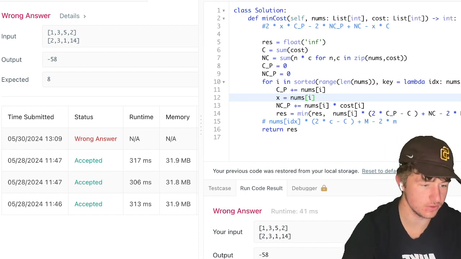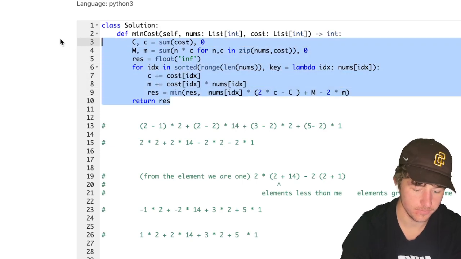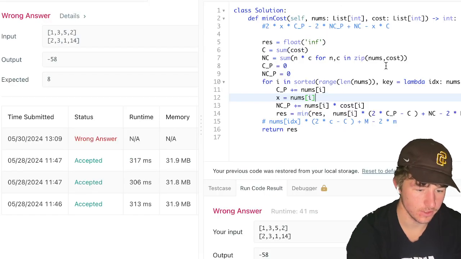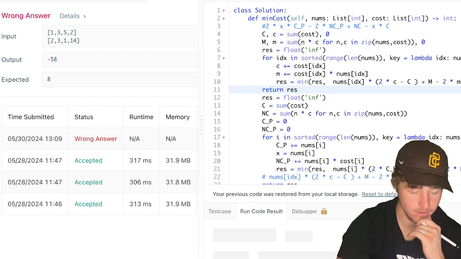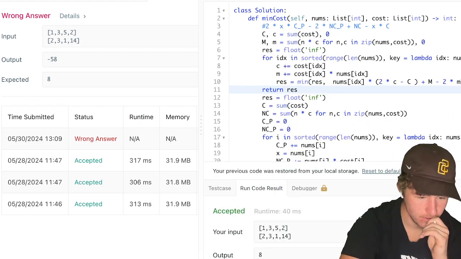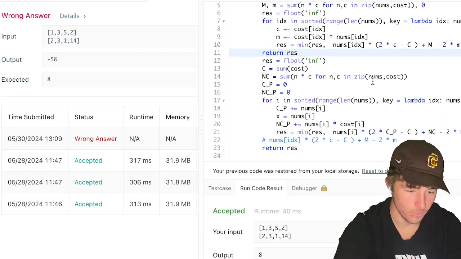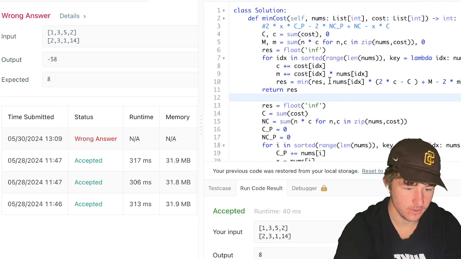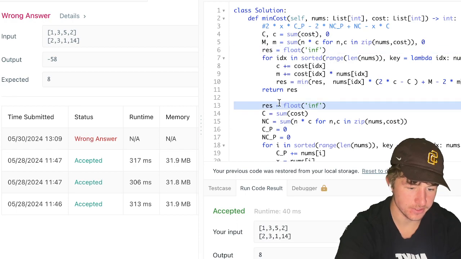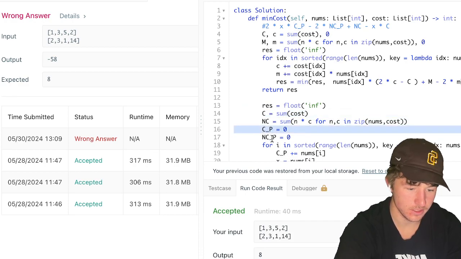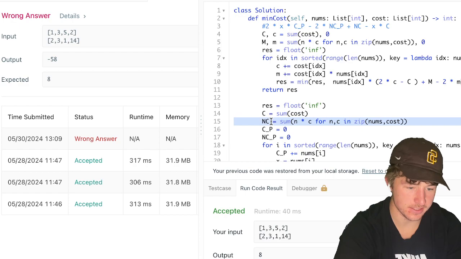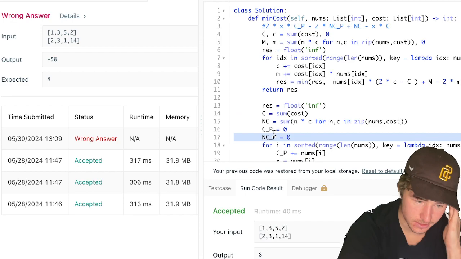I'm so confused. We're going to just drop this in directly. What? Okay, one by one. Res equals float infinity. Big C equals sum of cost. Little c equals 0. Big NC equals sum of NC for nums, cost. Little NC equals 0.